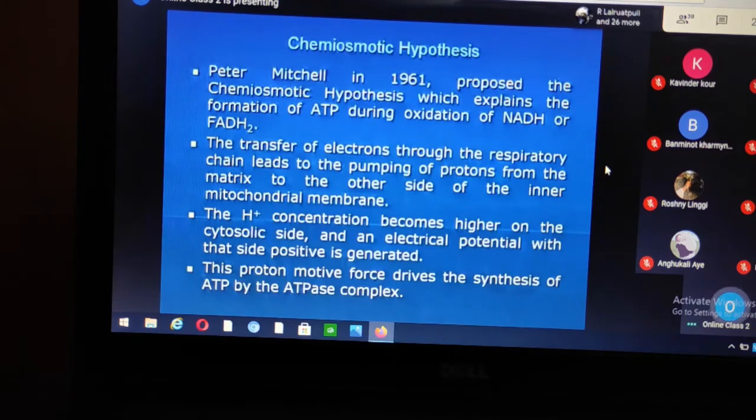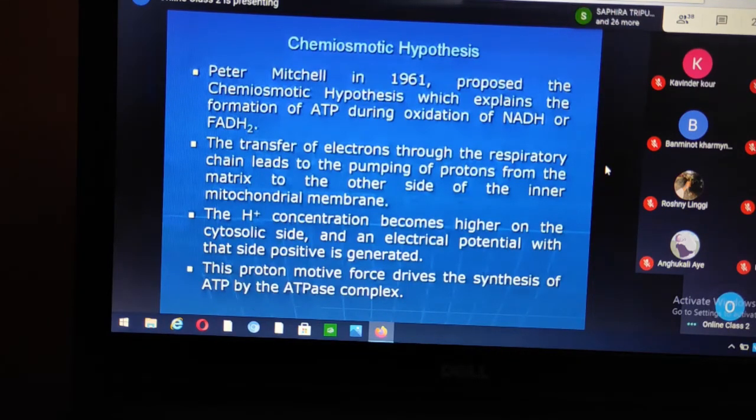Now this was not experimentally proved. There was no experimental evidence to prove the ATP formation, and these cases were not supported by any evidence. So finally, Peter Mitchell in 1961 proposed the chemiosmotic hypothesis.